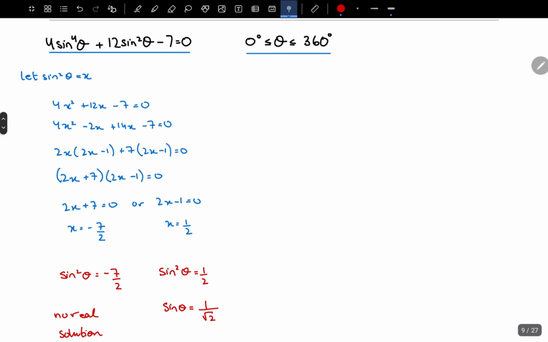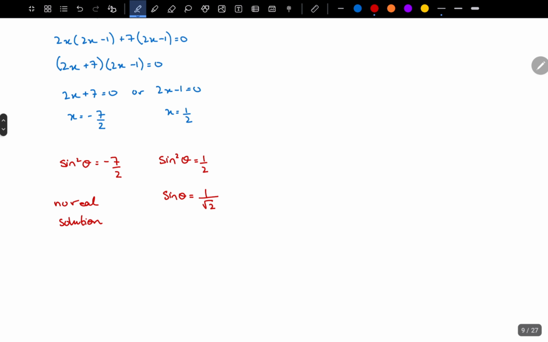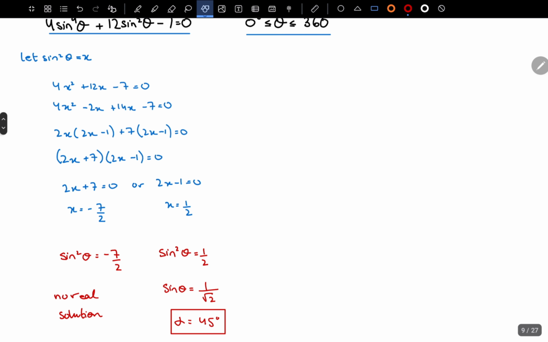Now we know that we have theta over here and we also have the same domain. We can take the inverse. So taking the inverse will give us alpha equals, this will give us 45 degrees. Now this is the alpha value.